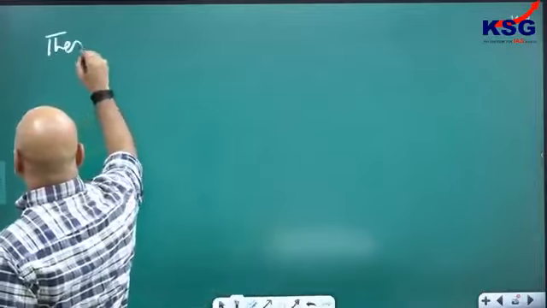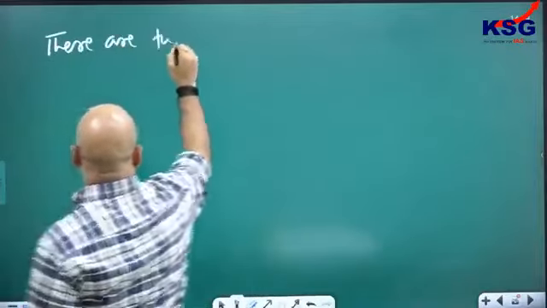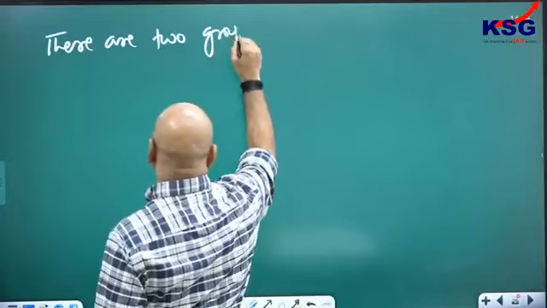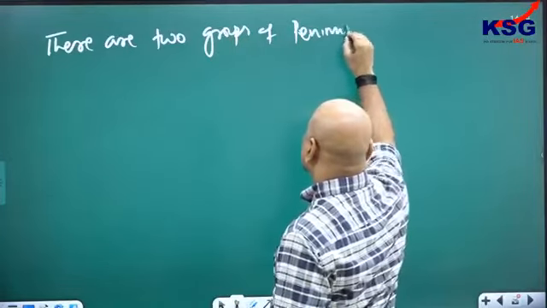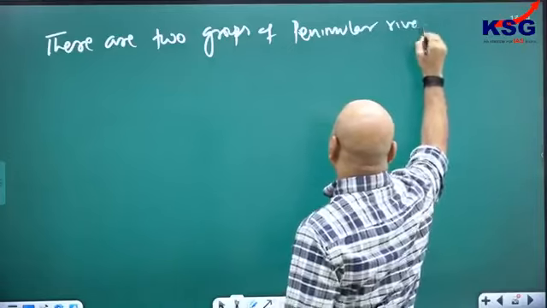There are two groups of peninsular rivers.